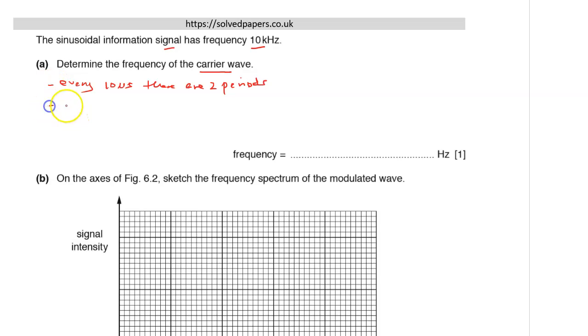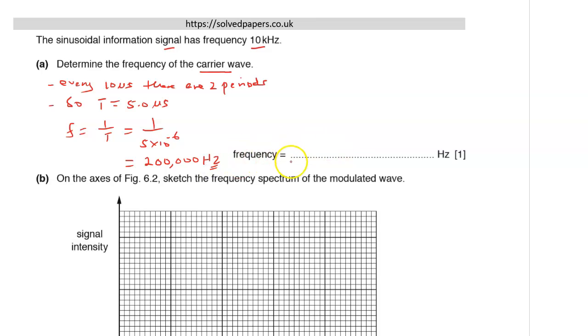So this means that a period is equal to 5 microseconds, and therefore we know that frequency is equal to 1 over period. This will be 1 divided by 5 times 10 raised to power minus 6, and if you use your calculator nicely, you'll find that this is 200,000 hertz.